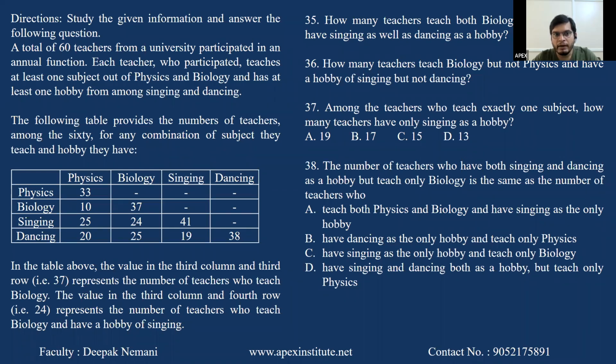After reading till here, I can say that this set is a 4-set Venn diagram and we are given definite values. If I look at the questions, how many teachers teach both biology and physics and have both singing and dancing as hobbies? How many teachers teach biology but not physics and have a hobby of singing but not dancing?